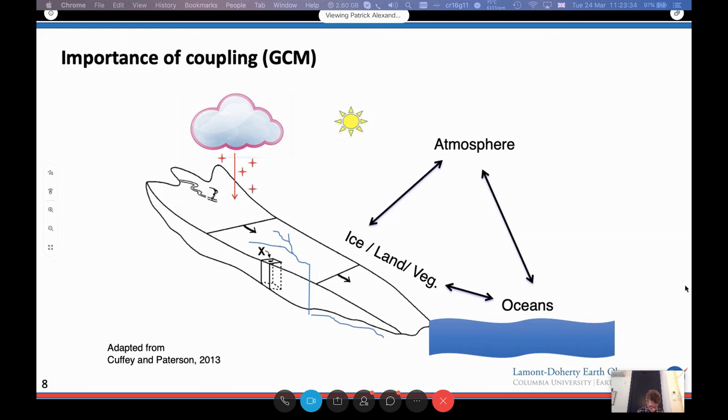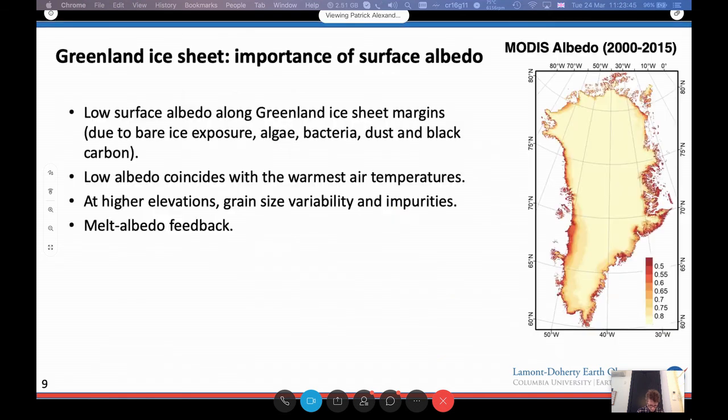So now turning to one of these specific processes. For the Greenland ice sheet, you can see that although most of the ice sheet has a pretty high surface albedo, this is from satellite data, along the margins of the ice sheet, albedo can be quite low, especially during the summer months when the ice at the surface is exposed.